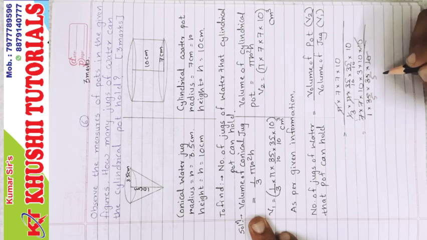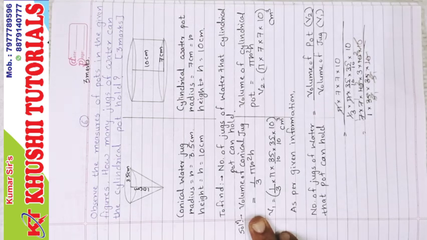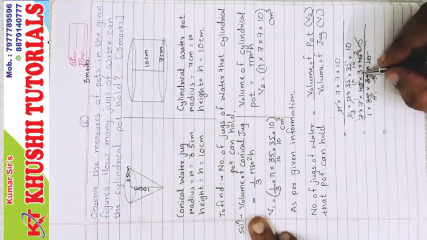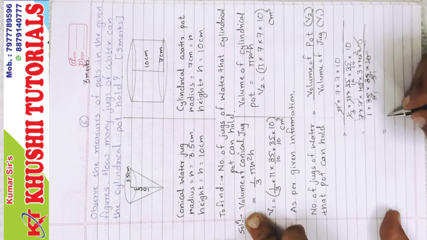Now again cancellation, 10 will get cancelled, 7 1s are 7, 5s are 35, 7 1s are 7, 5s are 35, 5 1s are 5, 2s are... So 3 2s are 6, 6 2s are 12. So we got 12.